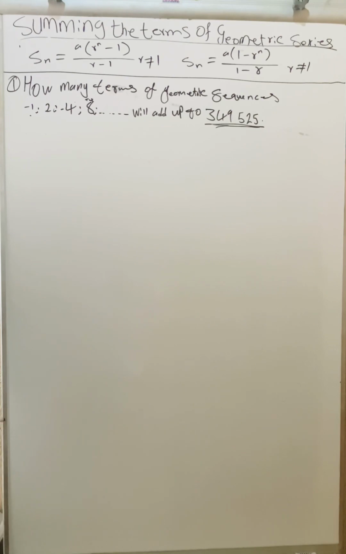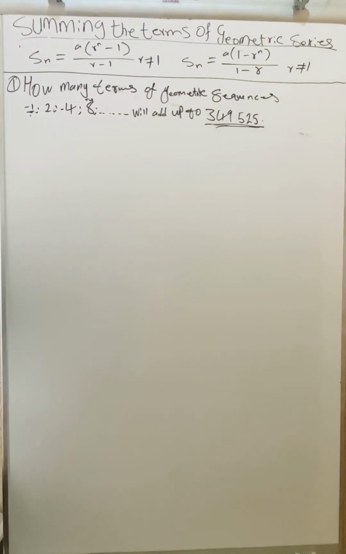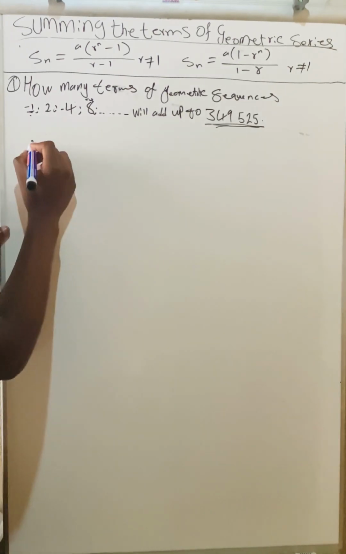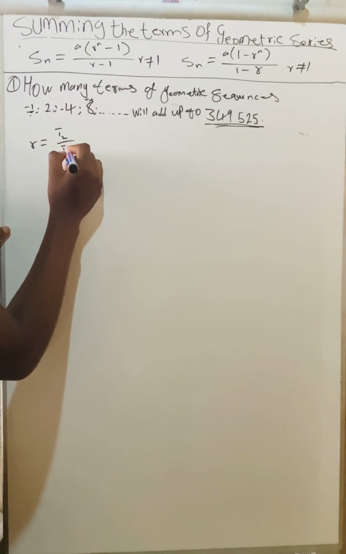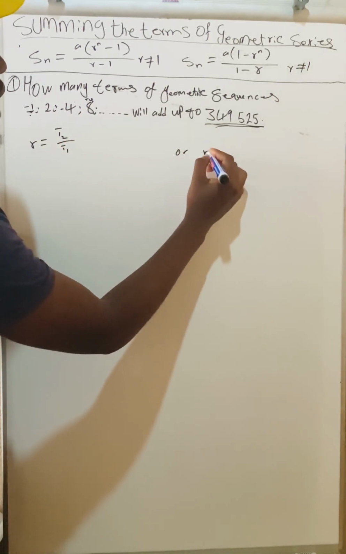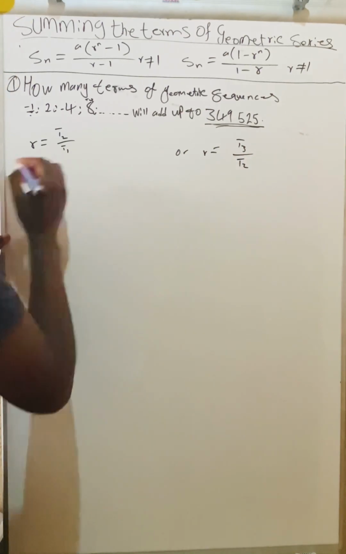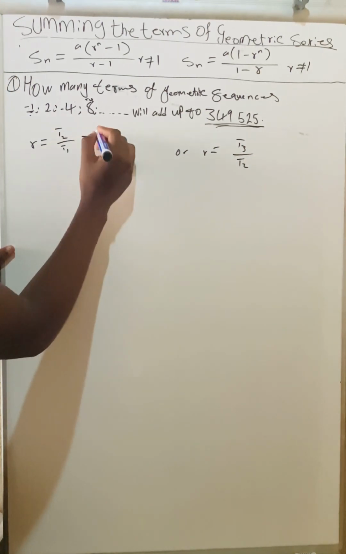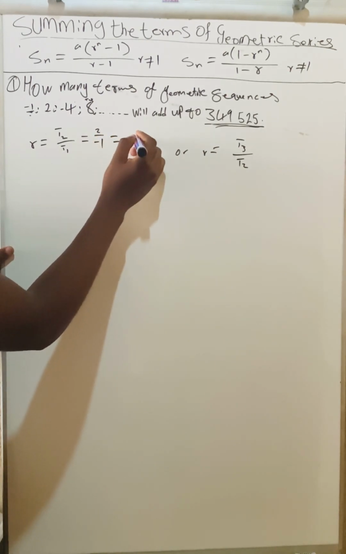Firstly, we need to identify what values we have here. We have a, which is negative 1. Do we have r? No, we don't, but we can determine r. Let's determine r. r is equal to t2 over t1, or t3 over t2. t2 over t1 is 2 over negative 1, which gives negative 2.